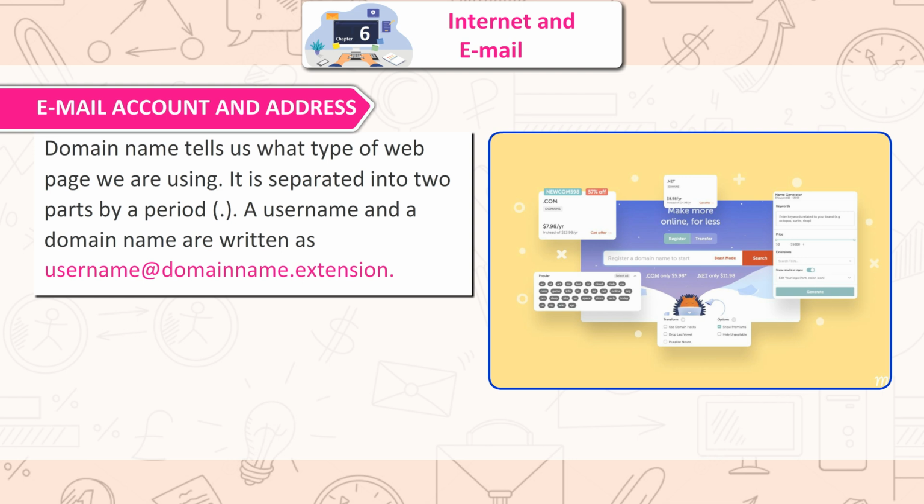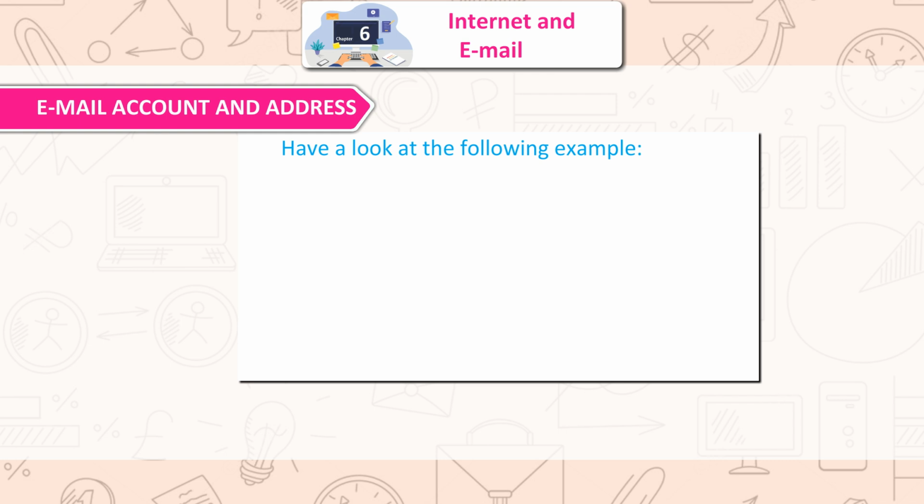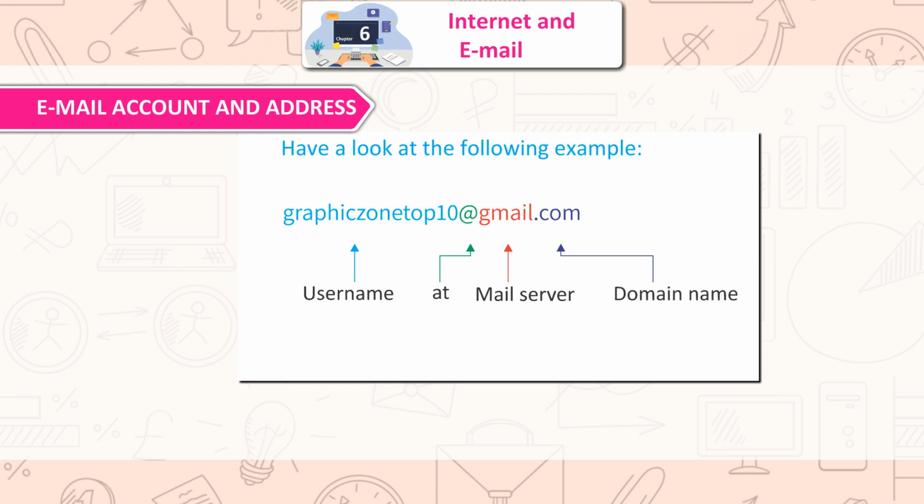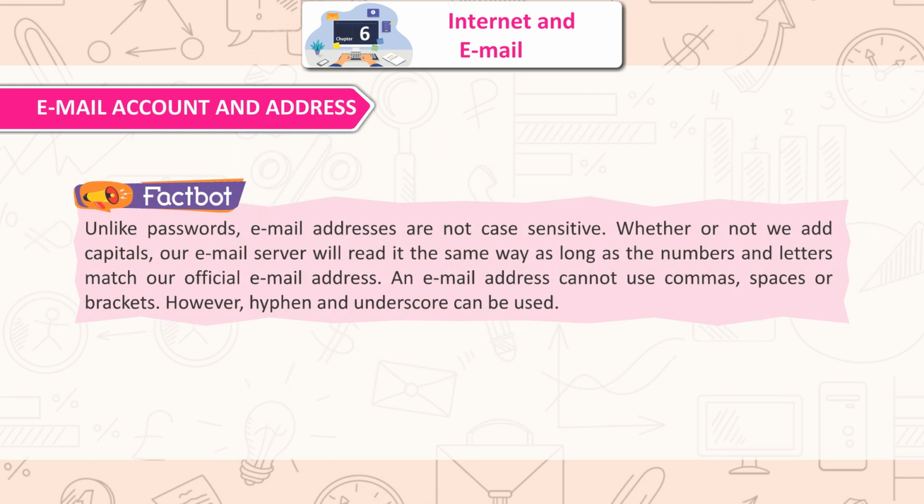A username and a domain name are written as username@domainname.extension. Have a look at the following example. Graphic Zone Top 10 @gmail.com. Username @ mail server domain name. Factbot.